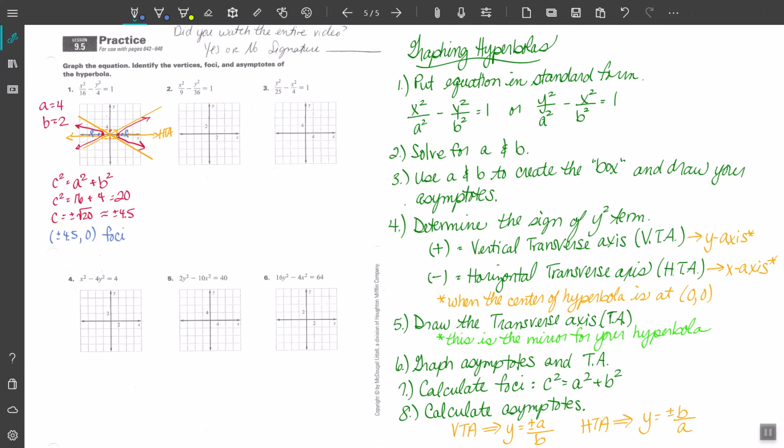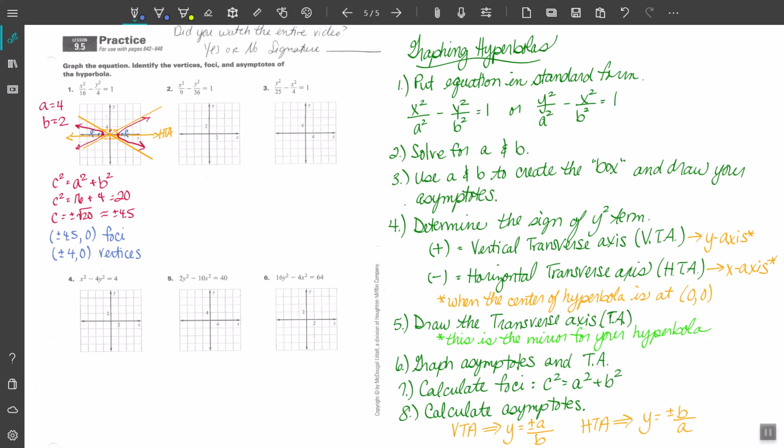Remember, the vertex is the lowest or the highest point. In this case, it's the left and rightmost points on the hyperbola, so we're looking at these points right here that we used to graph. If they ask us to write those in coordinate pair form, it would be plus or minus 4, and 0 would be the y coordinate. So positive 4, 0 over here, negative 4, 0 on this side.